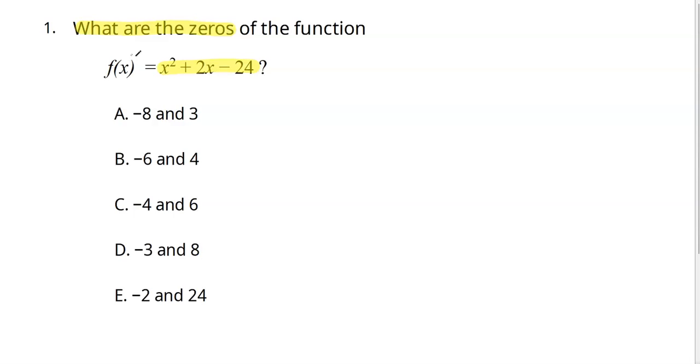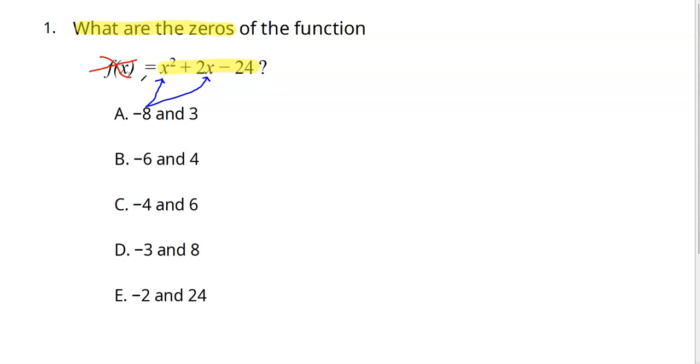Now, this function notation, for this particular problem, we really don't need, so I'm going to cross it out. This just means f at x, but I'm just going to focus on this right-hand side of the equation. And what I'm going to do is use my answer choices. I'll start with A, and I'm going to plug in -8 for x here, and I'll plug in -8 for x here.